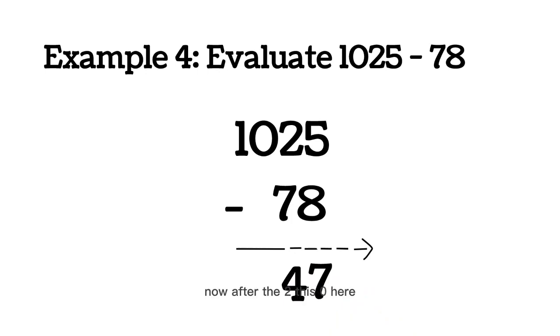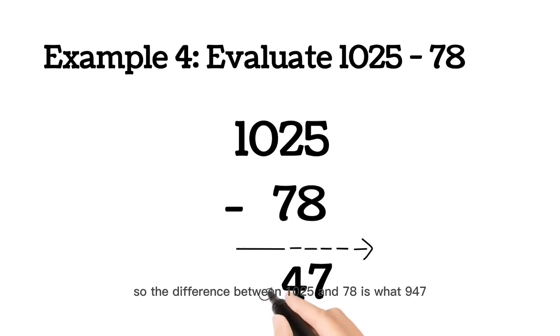Now after the 2, this 0 here, we borrowed 1 from here to this 2. So this 0 here is going to become 9. So 9 now will come down here. So the difference between 1025 and 78 is what? 947.